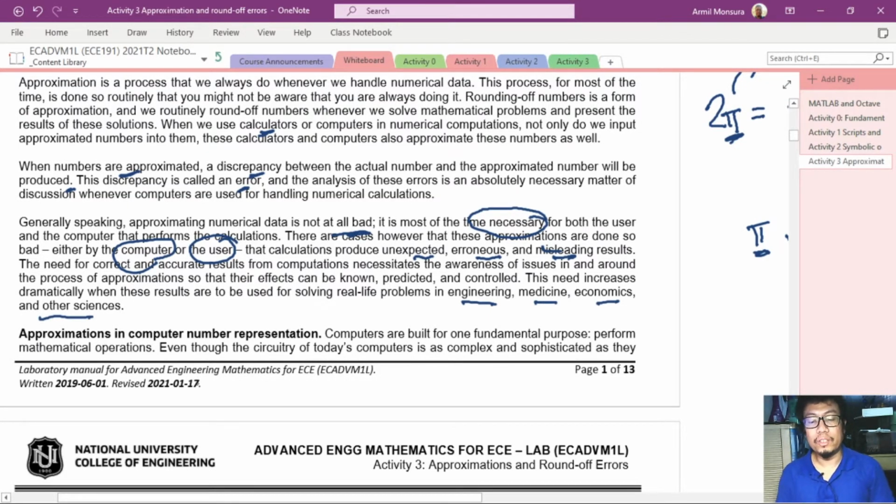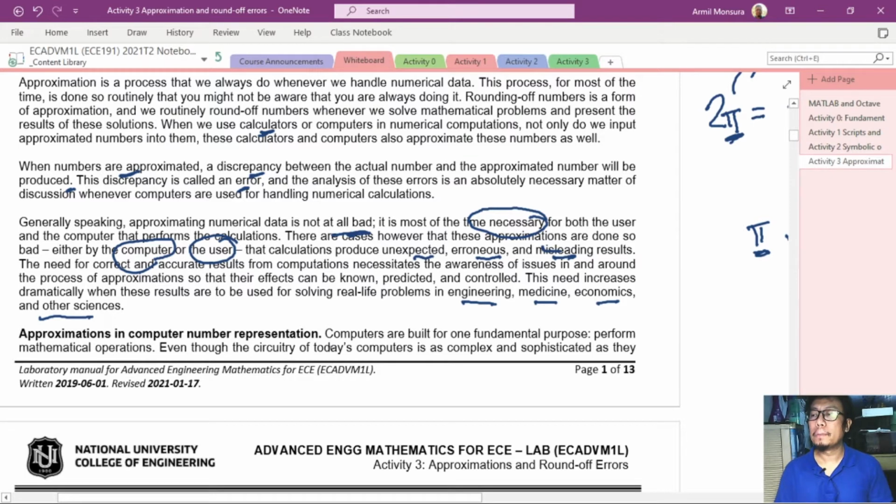So if you're using computer methods to calculate something that involves a real-life problem in any of those fields, then you must be more aware of those issues with regards to approximations and errors, because they can determine, for example, life or death, low cost or high cost, cheap or expensive costing of your product, or something that you need to buy.